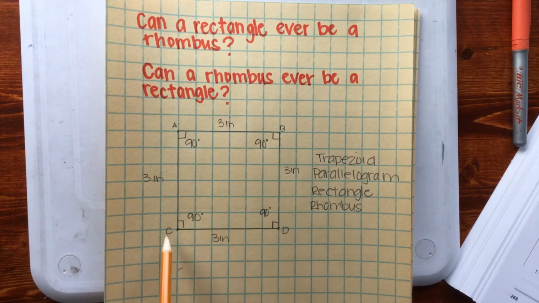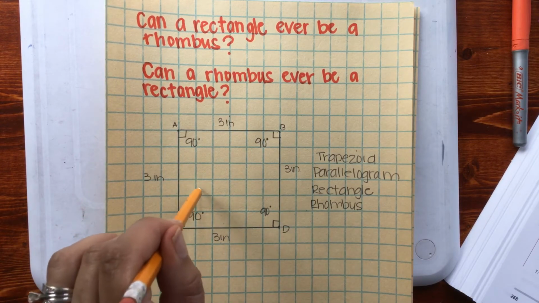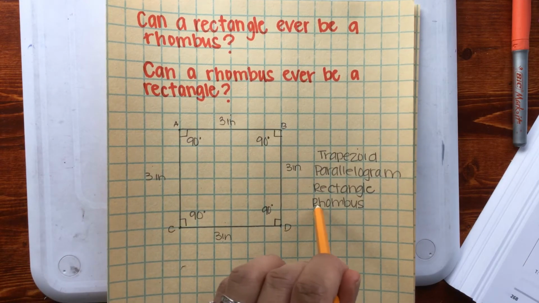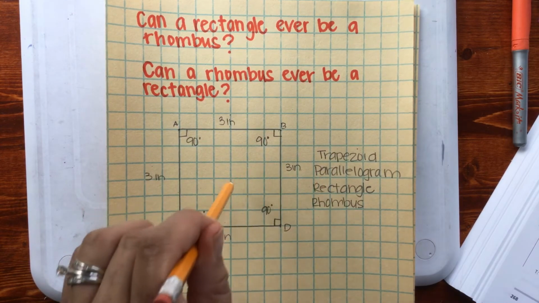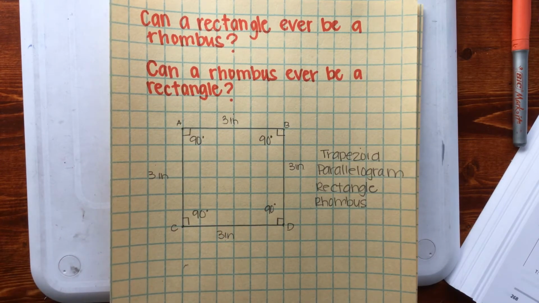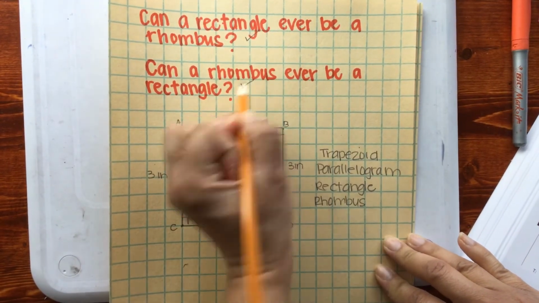So when you draw a perfect square, you're actually drawing both a rectangle and a rhombus. So a rectangle can be a rhombus if it's a square, and a rhombus can be a rectangle if it's a square. So that new term, square, helps us answer these two questions.